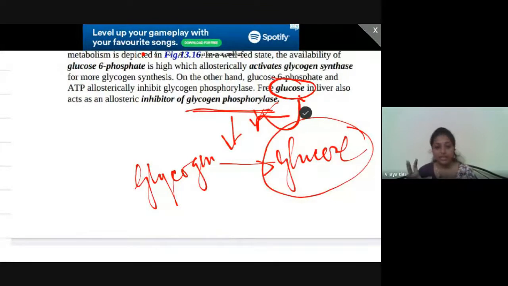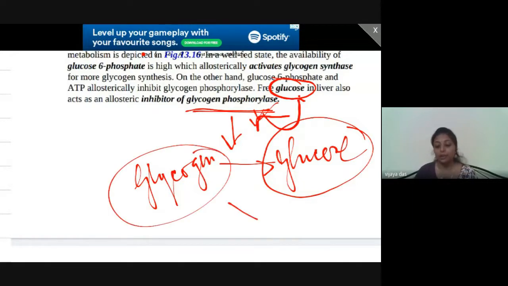It blocks the enzyme at the allosteric site, for which the glycogen breakdown cannot happen. So when there is more glucose in the body, the glycogen phosphorylase enzyme directly stops. So there is no glycogenolysis when there is a high concentration of glucose in the body.